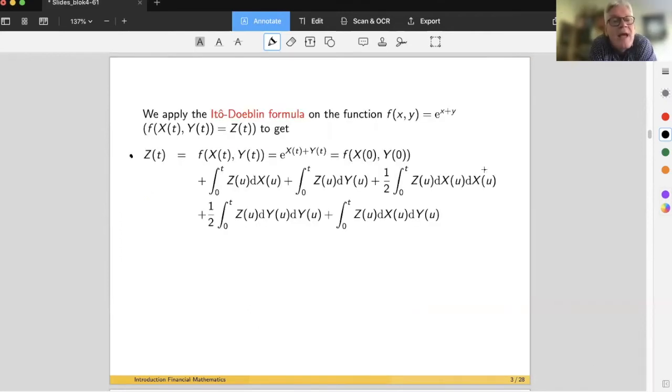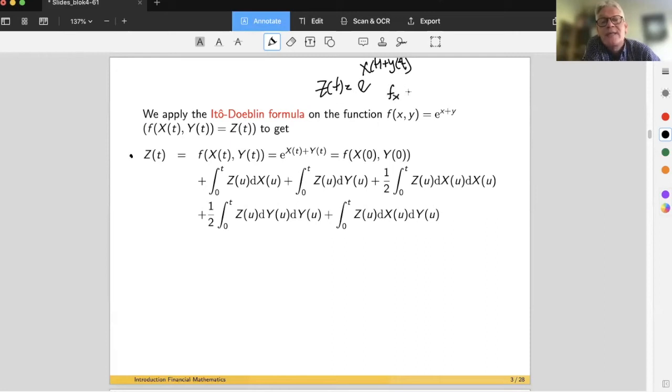So we will apply the Ito-Doeblin formula on the function f(x,y) is e to the power x plus y. Remember, Z in this case, Zt, is e to the power Xt plus Yt. And of course, we need the first derivative and the second derivative and the mixed derivatives. And we know them all. They are all equal to f.